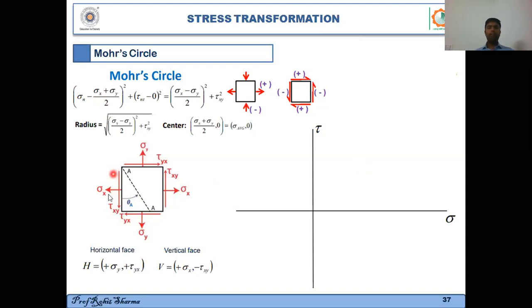So suppose that we have a stress block like this, right? We have sigma x normal stress on this face, sigma y normal stress on this face, and similarly sigma x and sigma y over here, and tau xy on these faces. First of all, what I would like to tell you is that we consider two faces, right? The first one is a face which I call the vertical face.